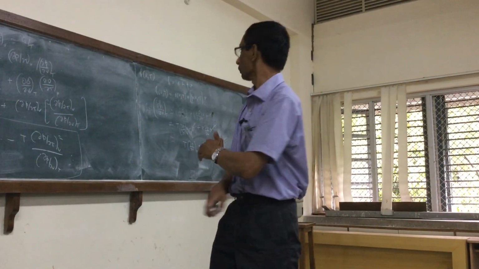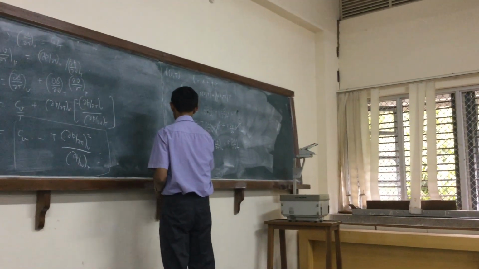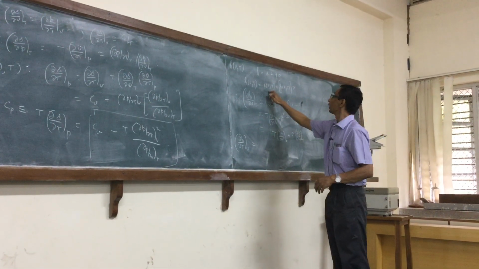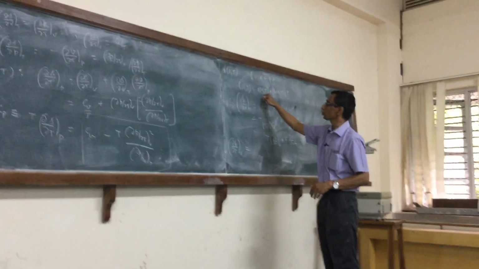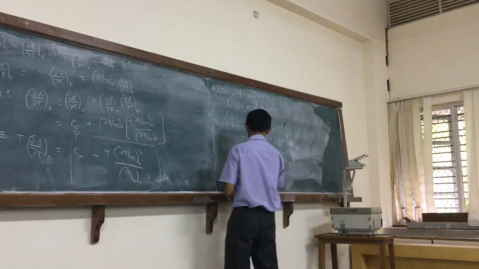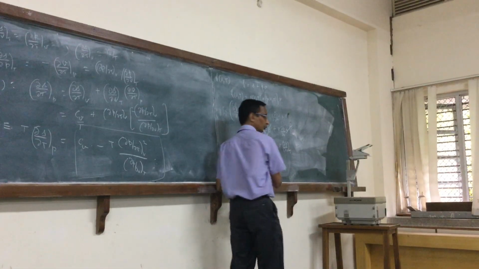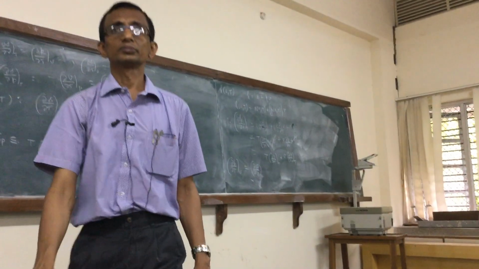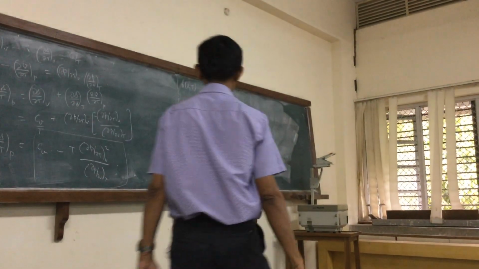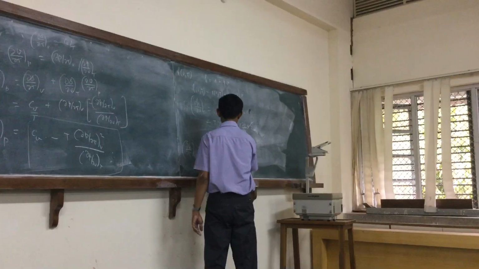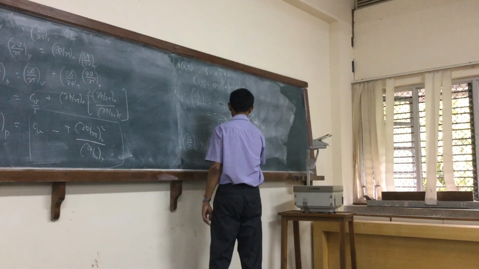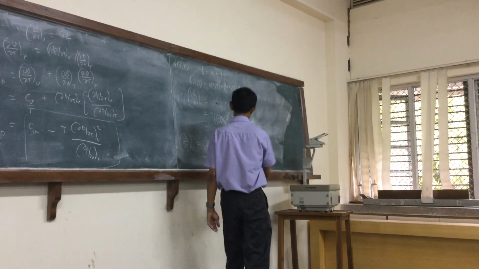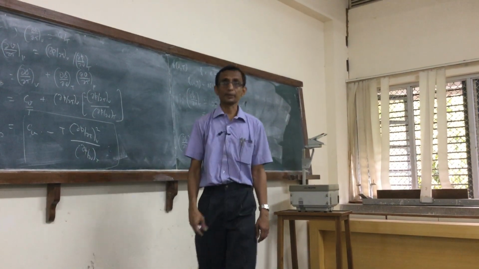Look at this any further. But what is interesting is dH by dT at constant volume. Again I get two terms. This will be dE by dT at constant volume, that is the specific heat at constant volume, plus, now I will differentiate V by dT at constant V, and that is 0.